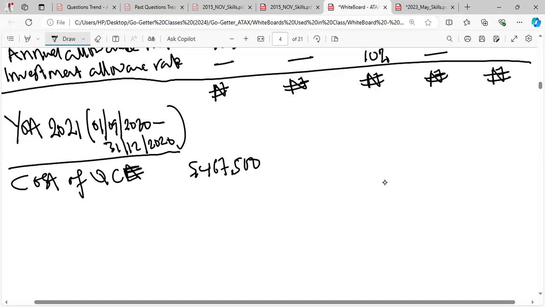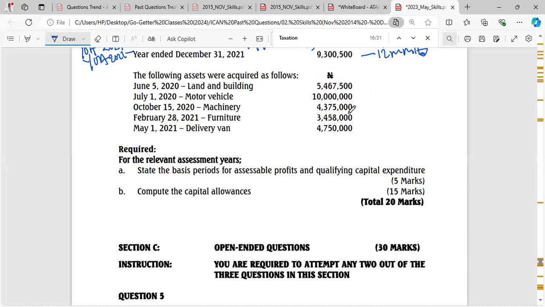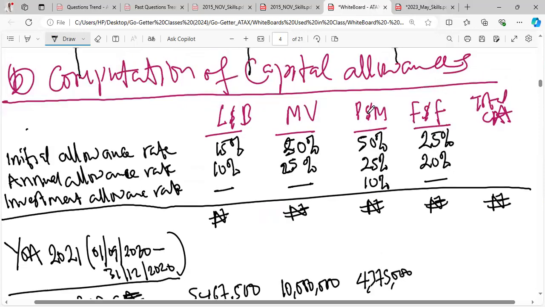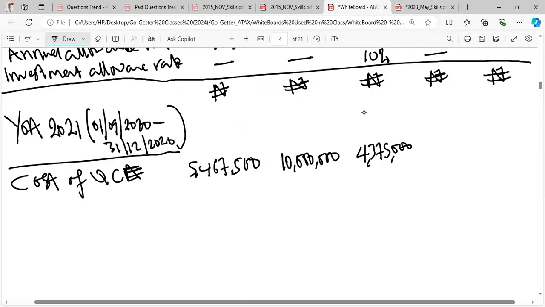This motor vehicle here, 10 million. And the next one here, machinery, 4,375,000. So of course your furniture, you didn't buy anything on furniture.